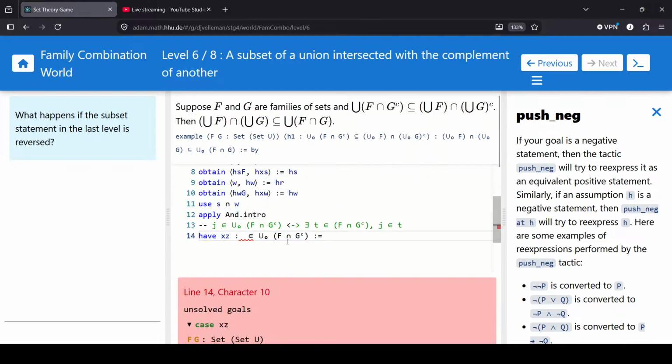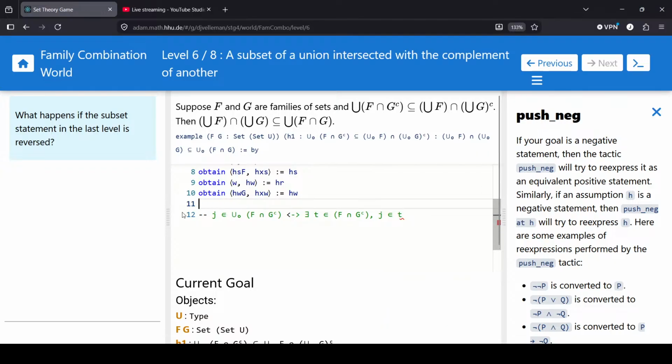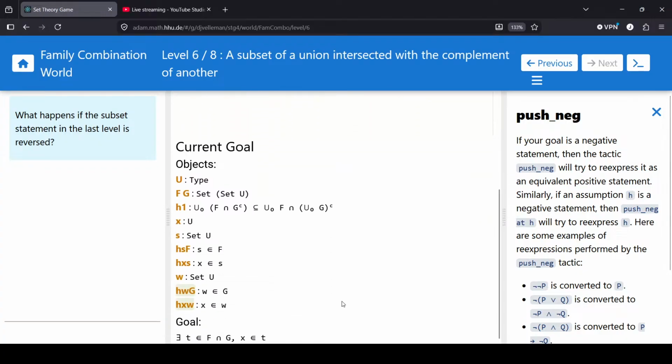Yeah, I think I have to abandon this. I'm going to go back to before the U's, because there's this, right?